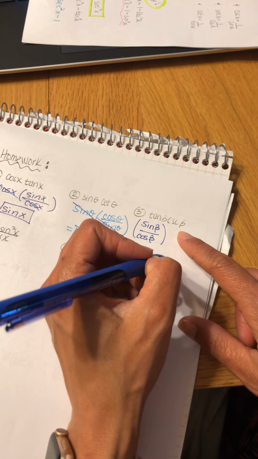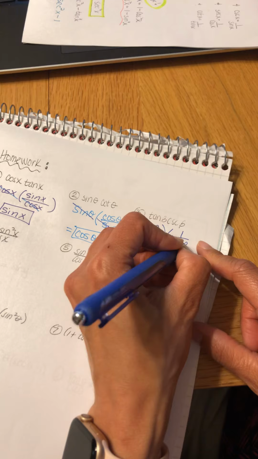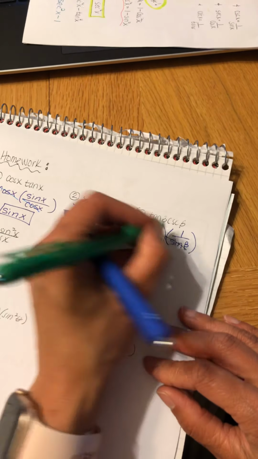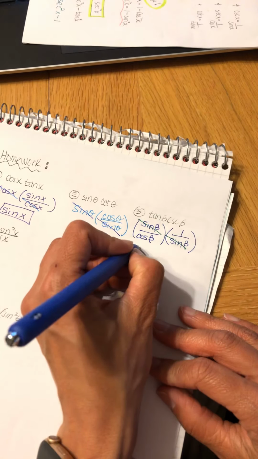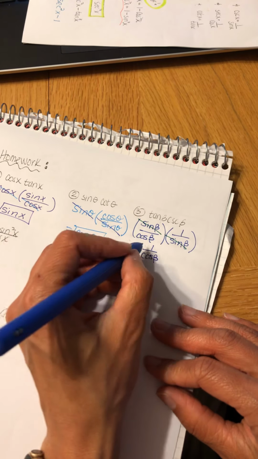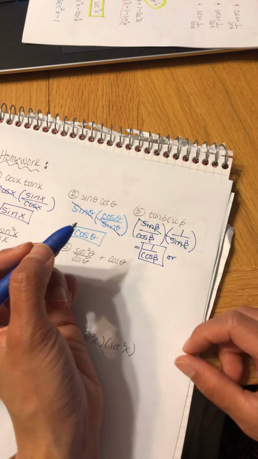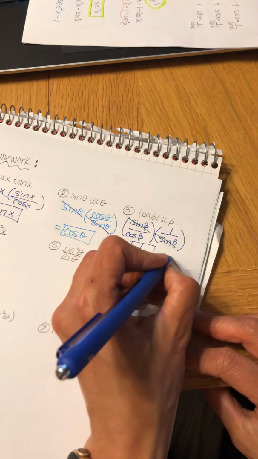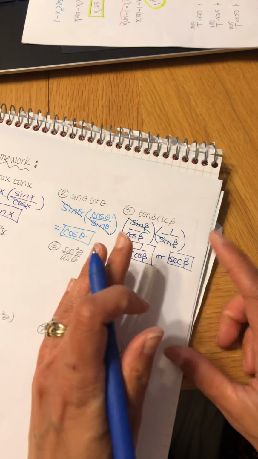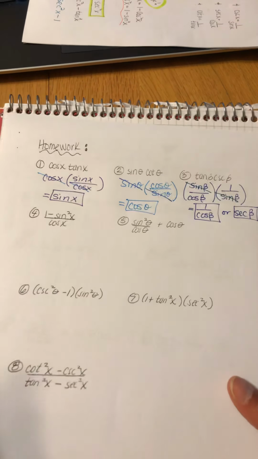Cosecant is 1 over sine, so times 1 over sine of beta. And hey, sines cancel. So all I have left is 1 over the cosine of beta. And you can leave it like this, or we know that 1 over cosine is the same as secant. So either one of these answers is acceptable, okay?